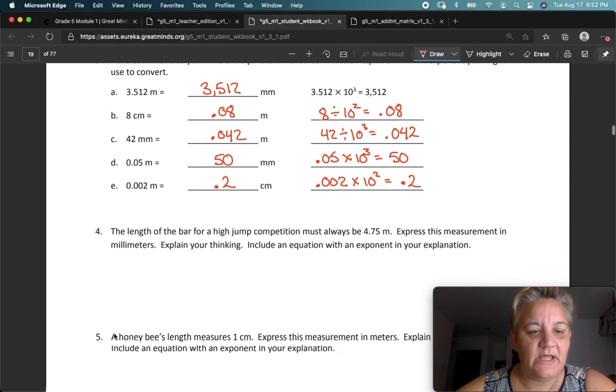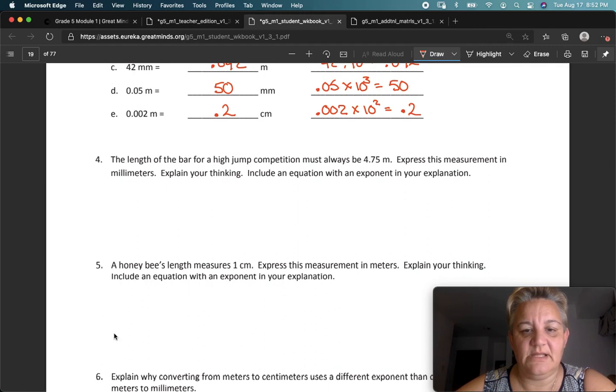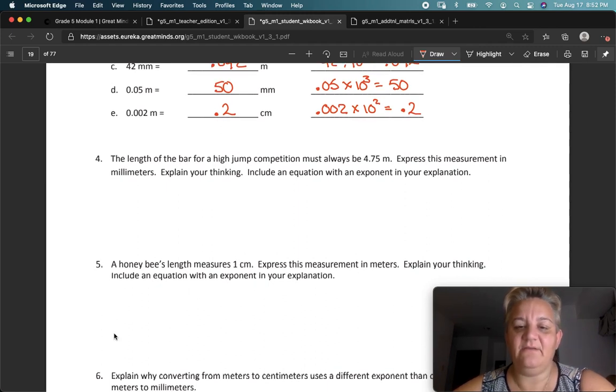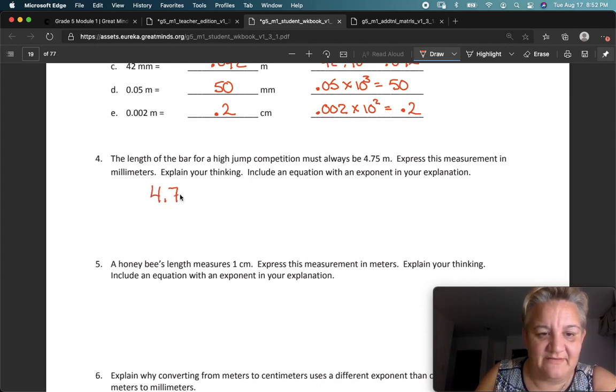All right. The length of the bar for a high jump competition must always be 4 75/100ths of a meter. Express this measurement in millimeters. Okay, so we've got meters, 4.75, and we want to make it into millimeters, which is a big unit to a small unit.